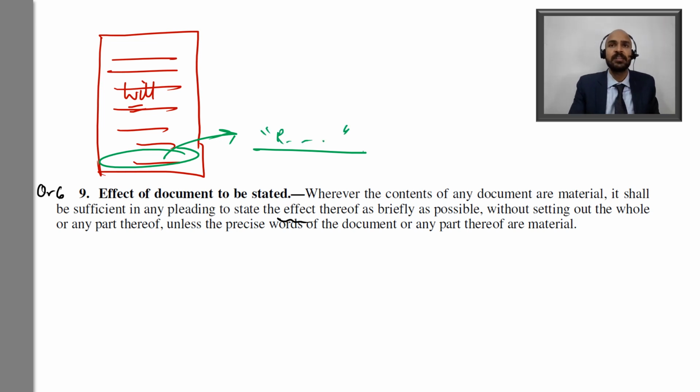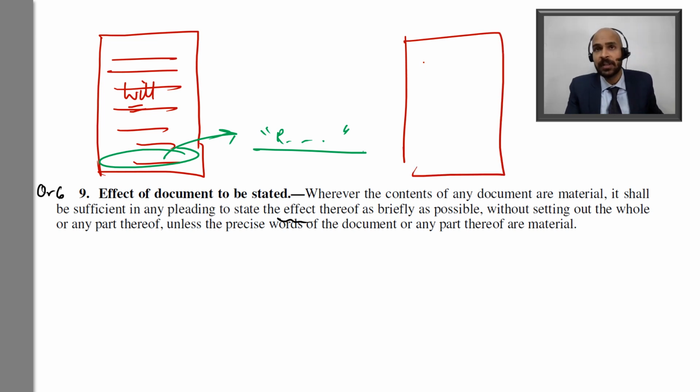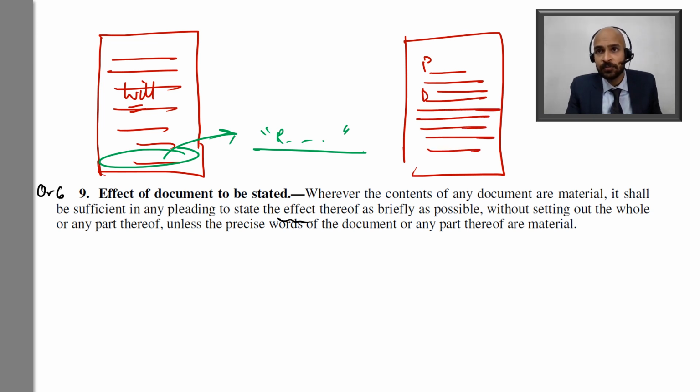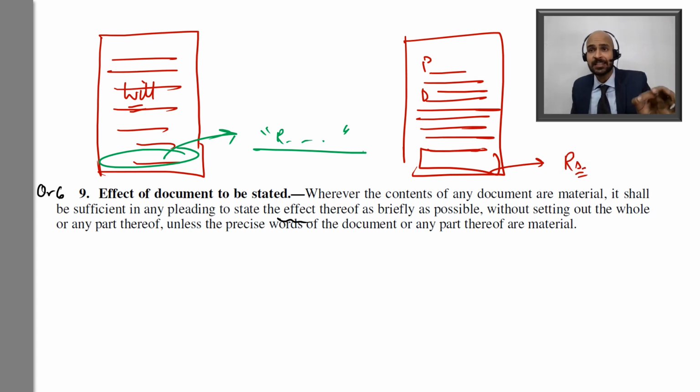Or, for example, let's say you believe there's a contract between, say, two parties, one the plaintiff and maybe the defendant. There's no need to give the entire details of the contract. You can just say that as a result of the contract, you were supposed to be paid so and so. Okay, so you just state the effect of the document rather than its contents.